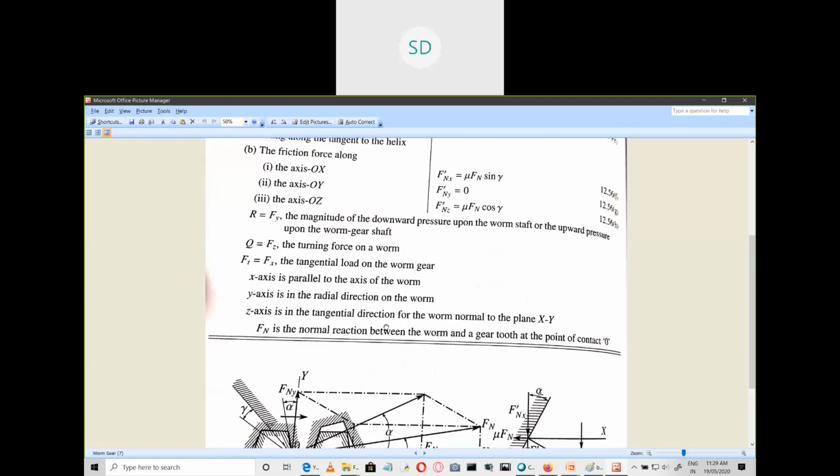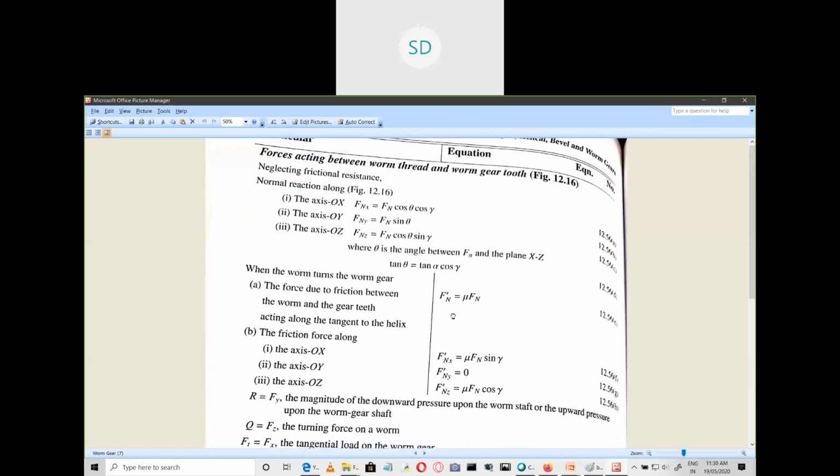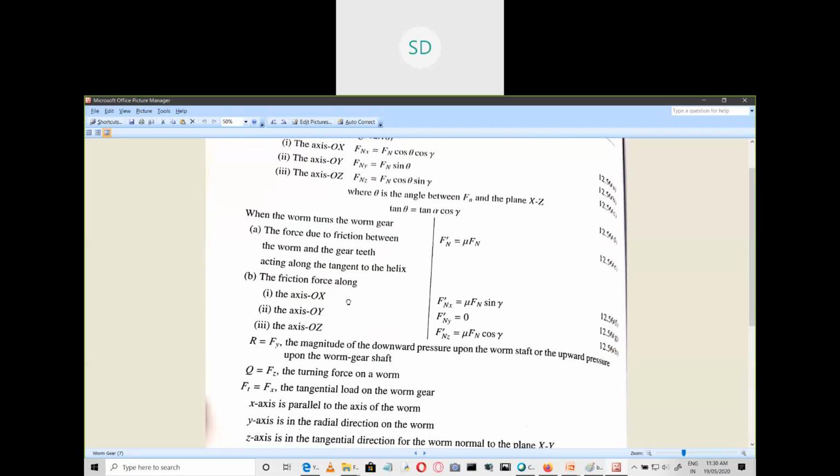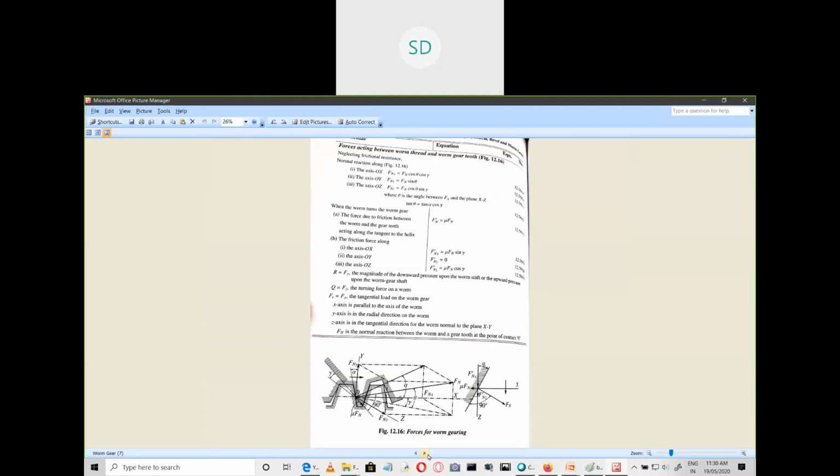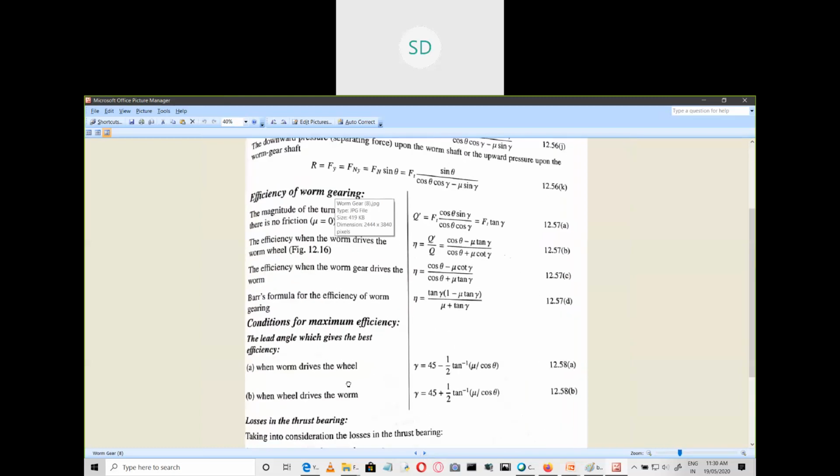So to get these forces, you can directly use these equations. Now this is the tangential driving force exerted by the worm upon the worm gear teeth.